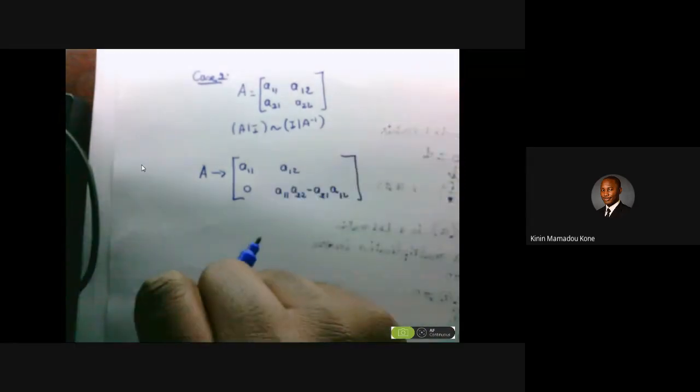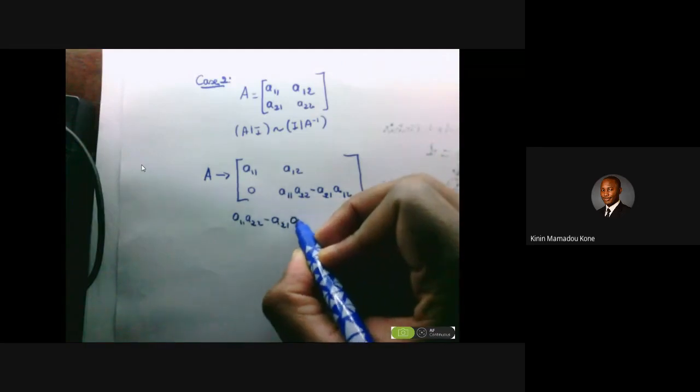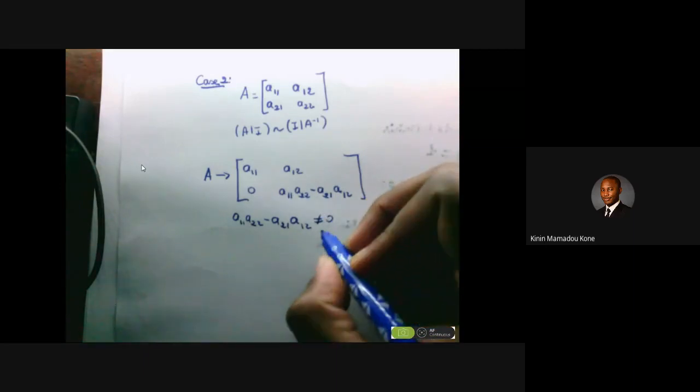This matrix will be row equivalent to the identity if and only if this part, A11 A22 minus A21 A12, is not equal to 0. And for this 2 by 2 matrix A, we can define the determinant of that matrix A as this value over here.